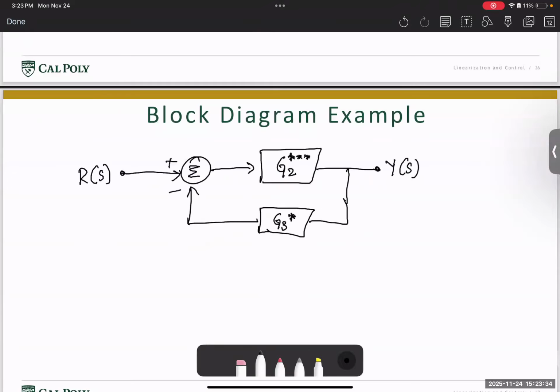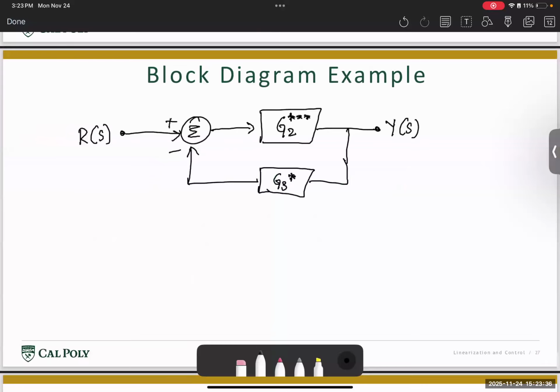Now this system looks like a simple feedback system where we have plus and minus. Here in this case, the transfer function Y of S by R of S is nothing but G2 triple star divided by 1 plus G2 triple star times G3 star.